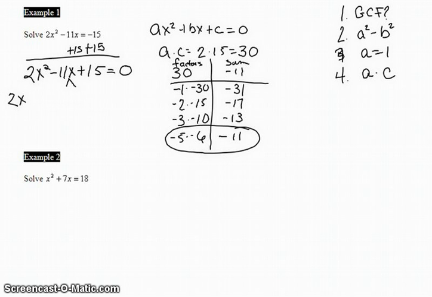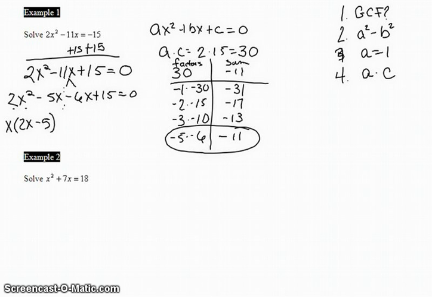So I have 2x squared minus 5x minus 6x plus 15 equal to 0. Factor by grouping, remember we divide and conquer. I look at the first two, find the common factor. In this case it's x, so I'm left with 2x minus 5.